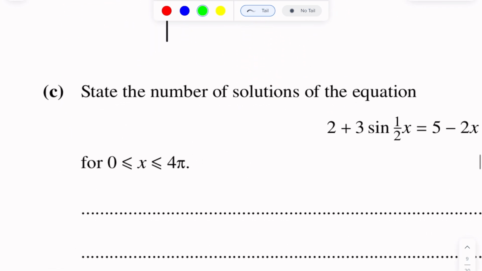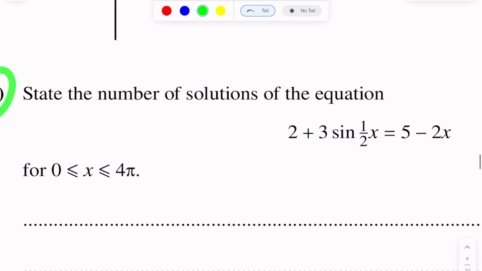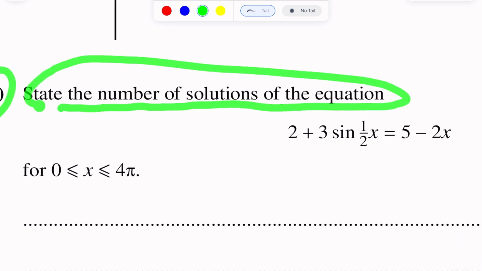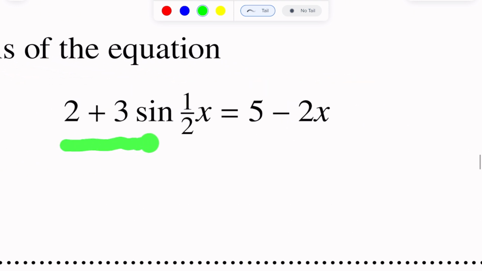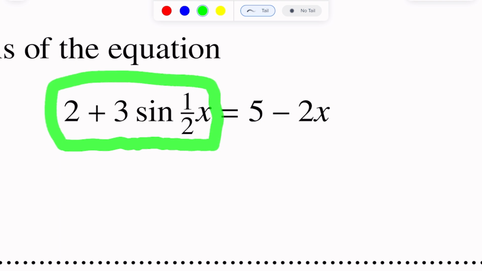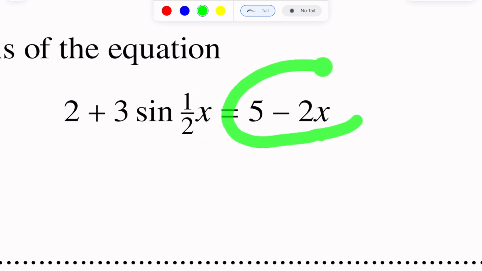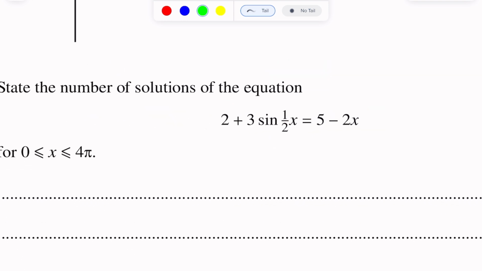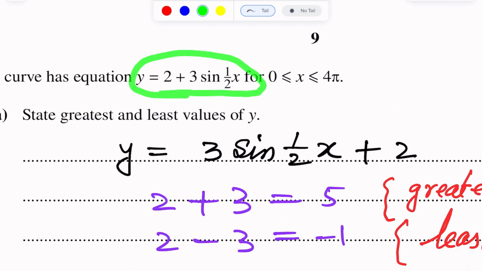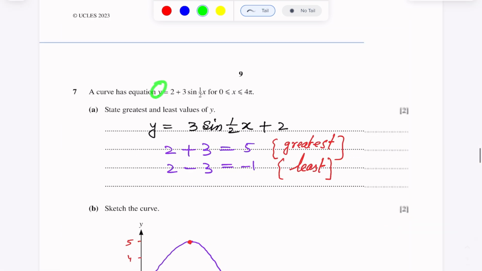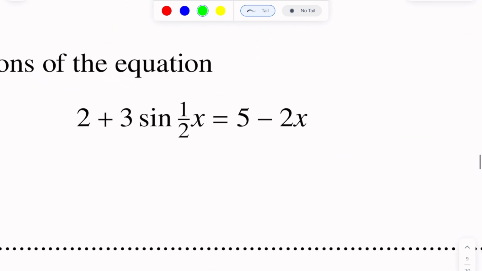Now the next part of this question, part C, is state the number of solutions of the following equation: 2 plus 3 sine 1 over 2x is equal to 5 minus 2x. These are two separate functions. This is a trigonometric function, but on the right hand side there is a linear function, 5 minus 2x, that will make a line.